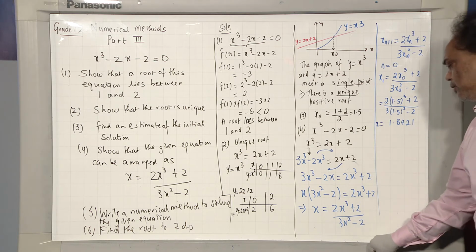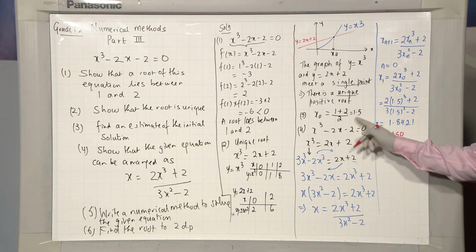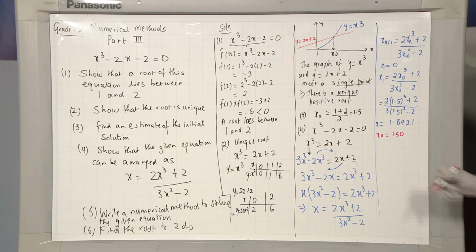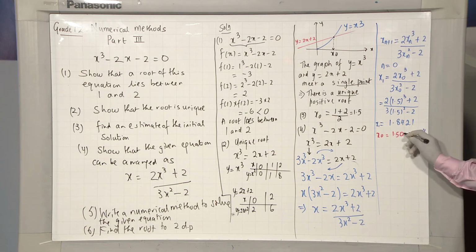Is the x1 equal to x naught to 2 decimal places? X naught was 1.5, so 1.50 to 2 decimal places, and x1, 1.84. Are they equal to 2 decimal places? Obviously not.